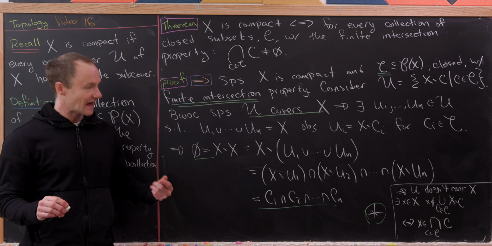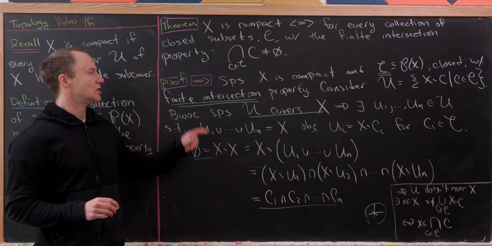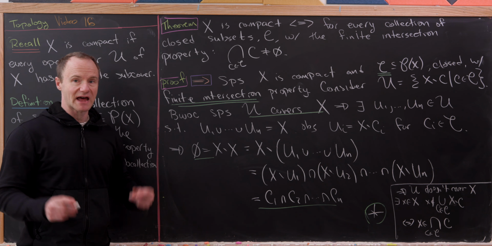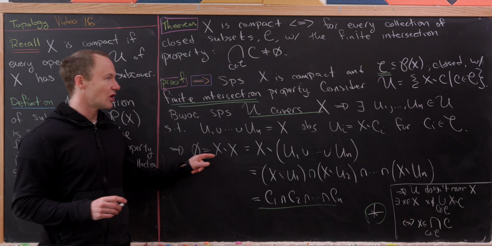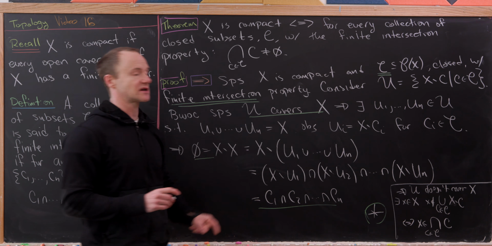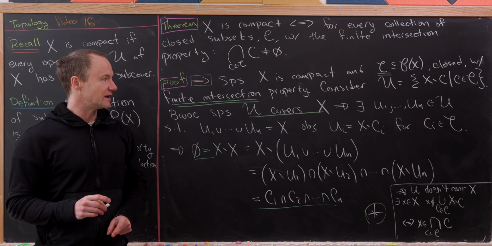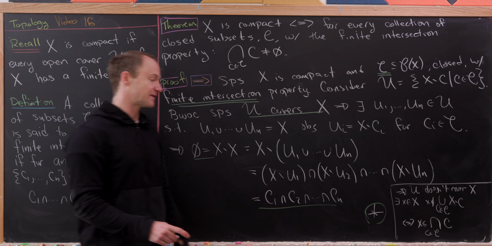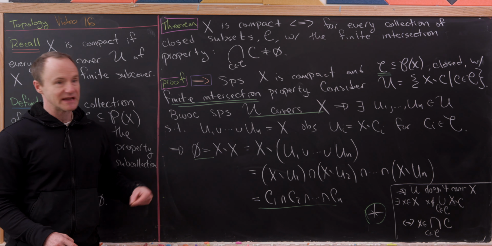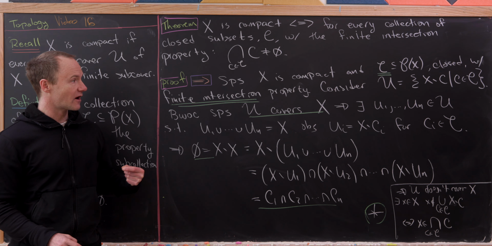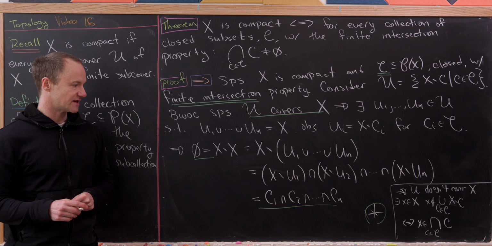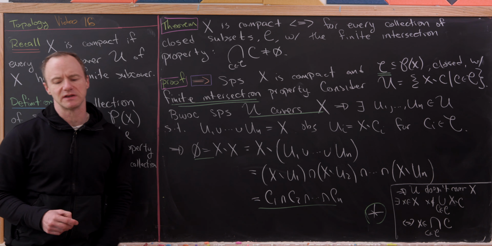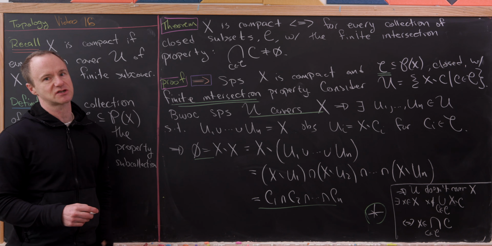But let's observe that that actually is exactly what we wanted to show. We started with this finite intersection property for our C's. We used that finite intersection property to show that this complement could not cover all of X. But if that complement did not cover all of X, we saw that that led to being able to find an element that is in the intersection of everything from this collection of closed sets. But if we found something inside of that, then that means that this intersection is non-empty. But that's exactly where we needed to go for this direction.